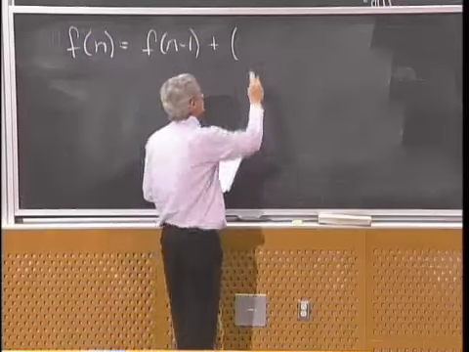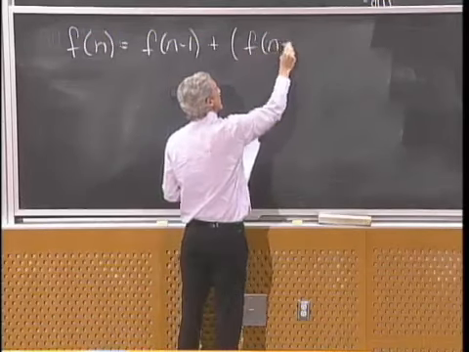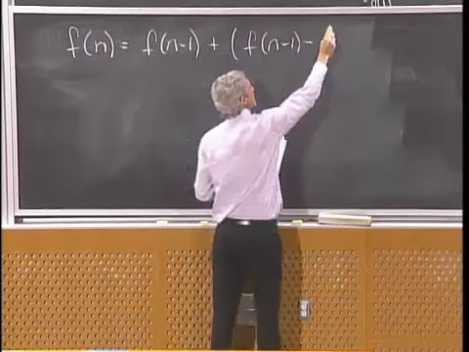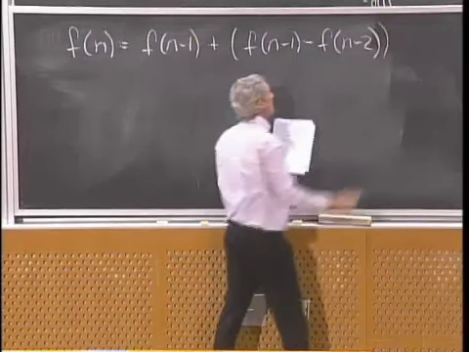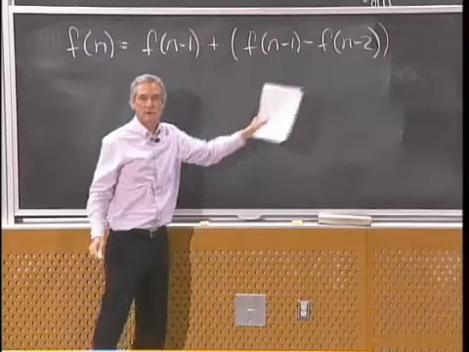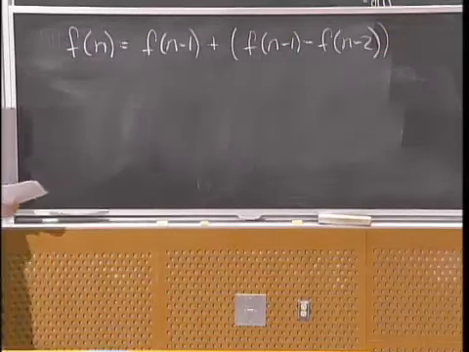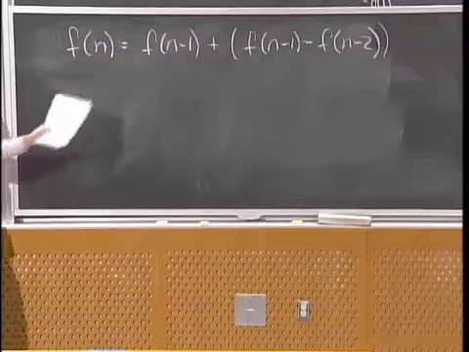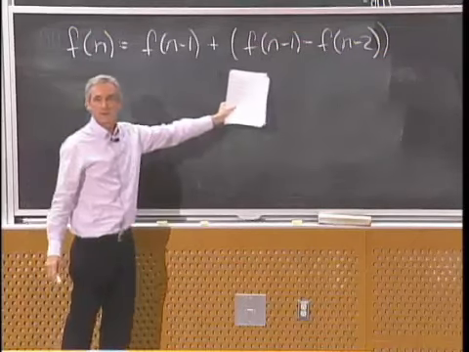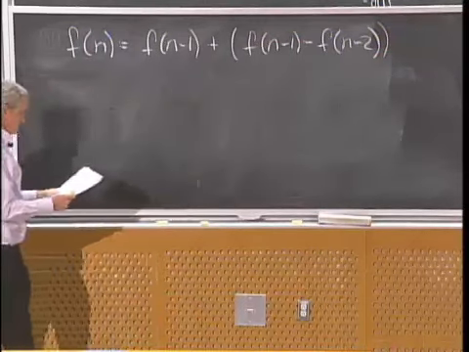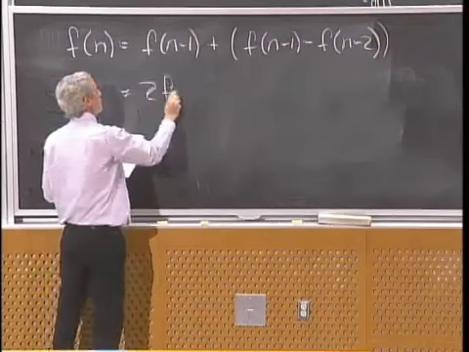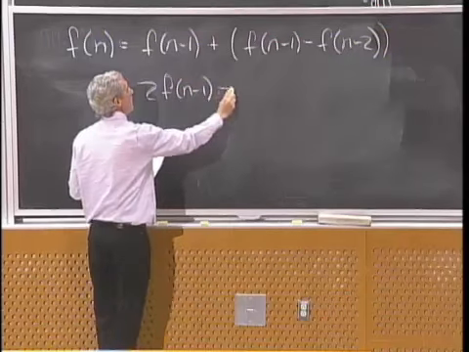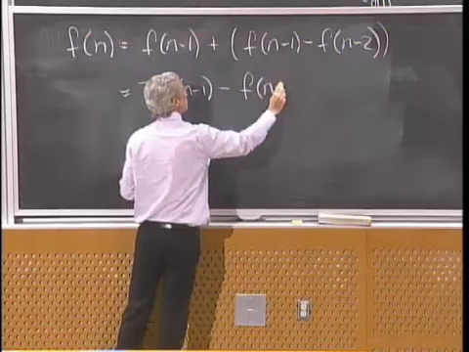So that's all the ones that were alive last year minus the ones that were alive the year before. That's how many new plants there were last year. And they each produced one new one this year. Is that okay? Everybody buy that? Okay. So that equals 2 f of n minus 1 minus f of n minus 2.